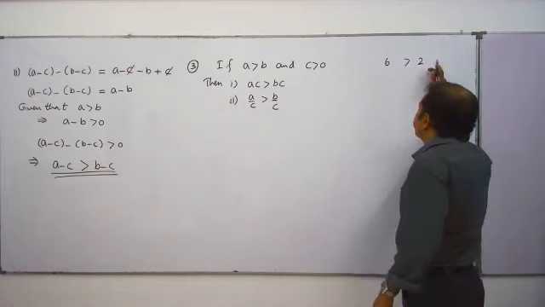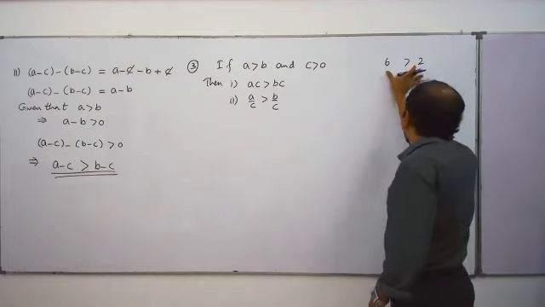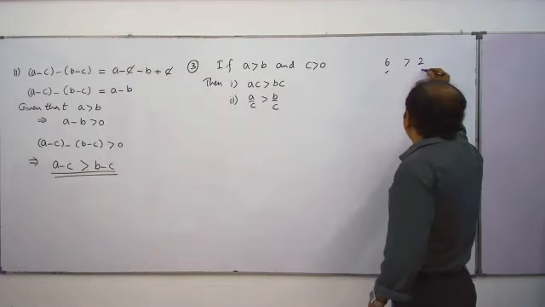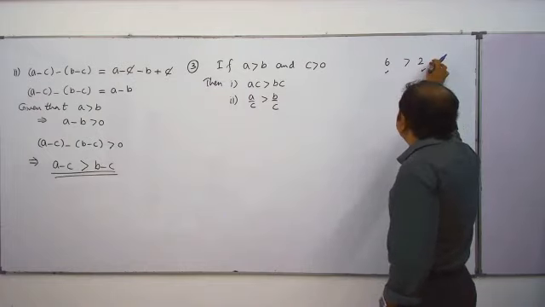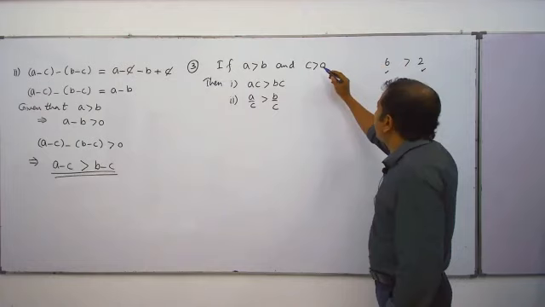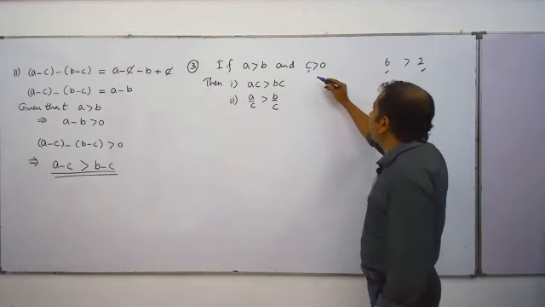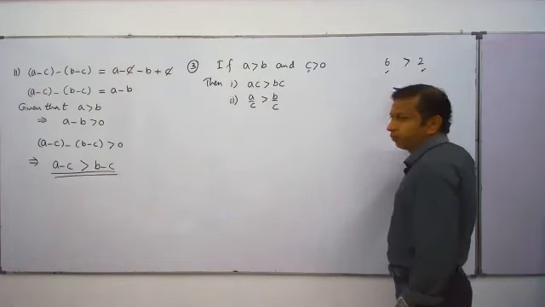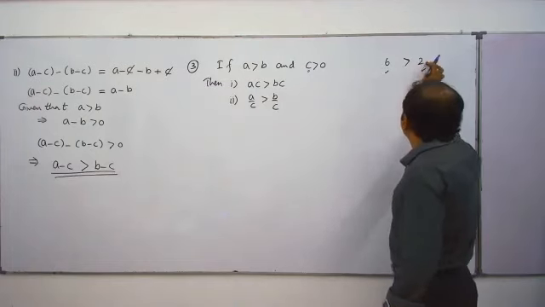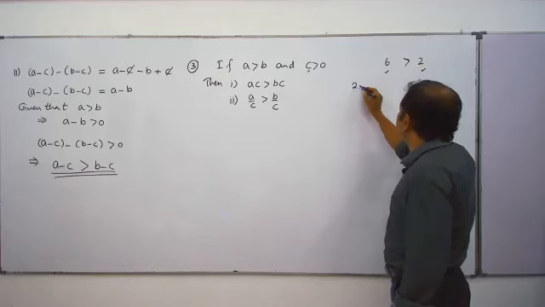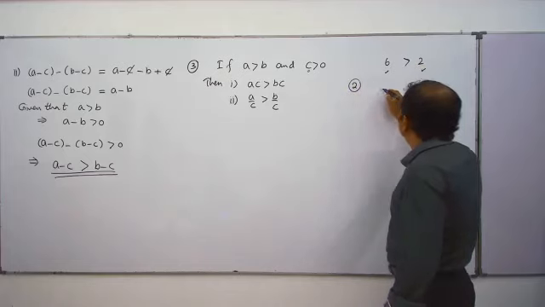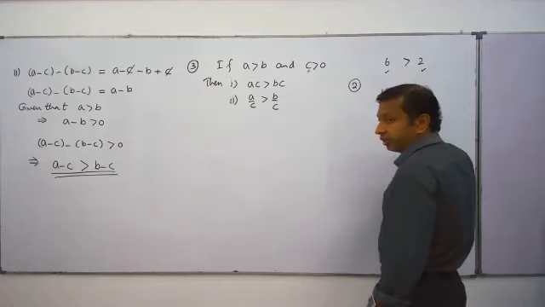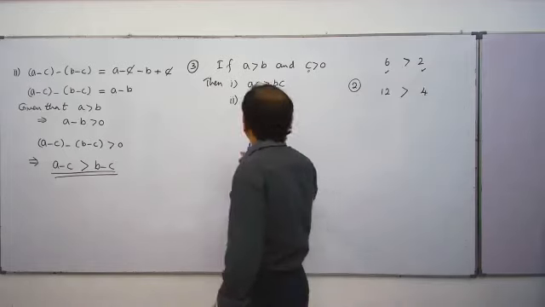When we have an inequality, both sides you can multiply by a positive value, and the direction still remains true. Now I multiply both sides by 2. 2 is a positive value. So what do you get? 12, right hand side 4. Still the left hand side is greater than the right. That is the first one.